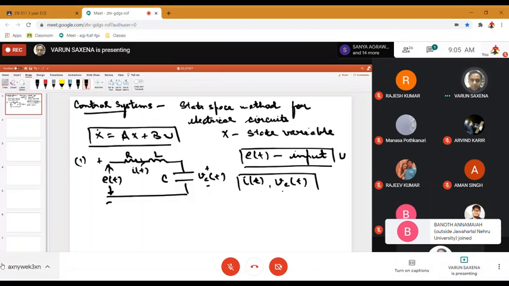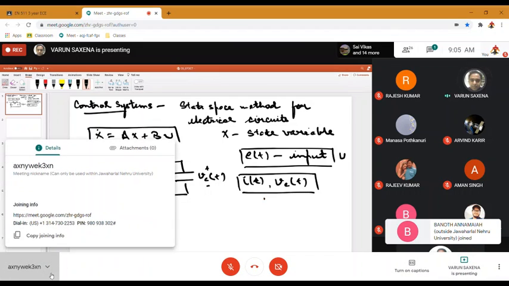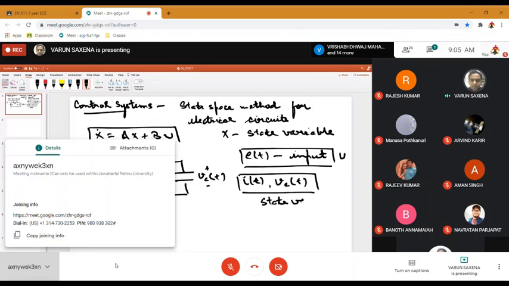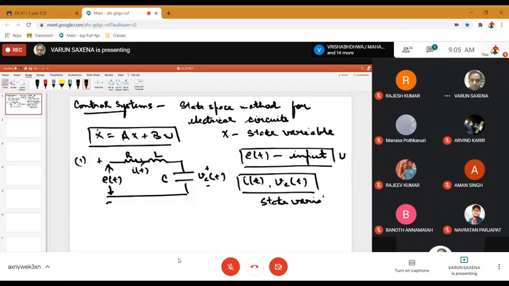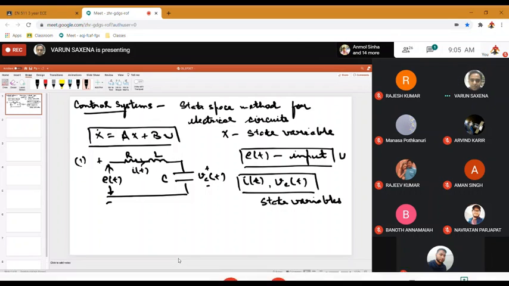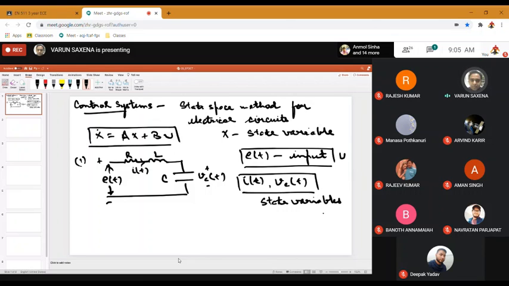So these two quantities are going to be decided as representing state variables. They will constitute what we know as the x matrices in a problem. So the first thing is decided. We have input as e(t), and we have i(t) and vC(t) as two state variables.